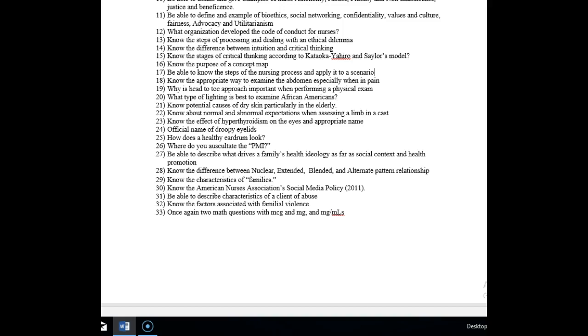They don't have as much elasticity. They don't have as much skin turgor, and that tends to be a real major problem for them when it comes to dryness and that type of thing.